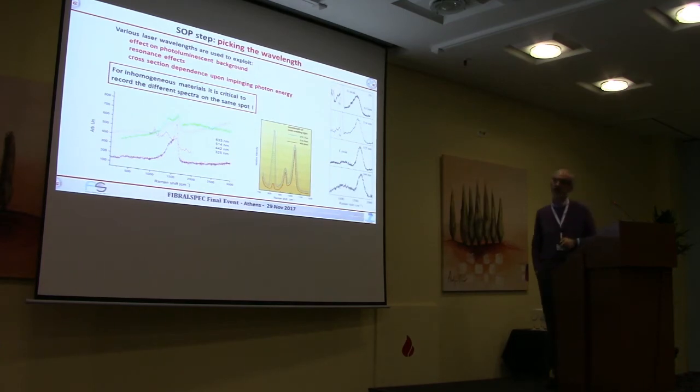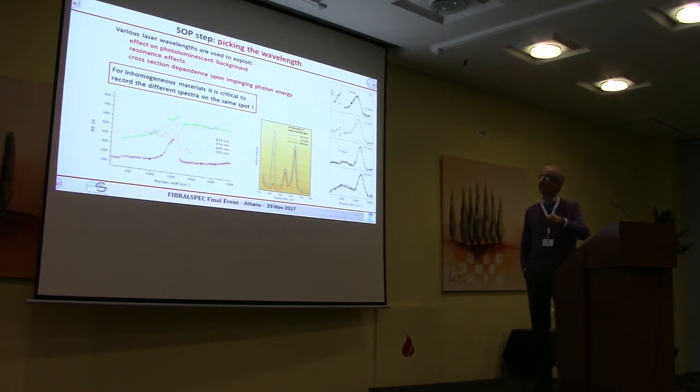The first thing is you have to make the choice of the wavelength of the laser line. You have a laser which is impinging on your sample, and you have to pick the appropriate laser wavelength. These are the kind of things you have to remember: the different wavelength will impact the photoluminescent background, which is detrimental to your Raman analysis.